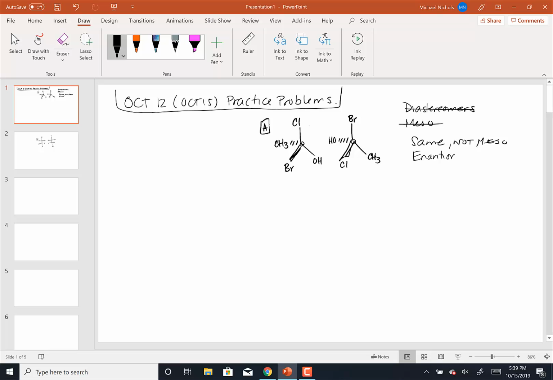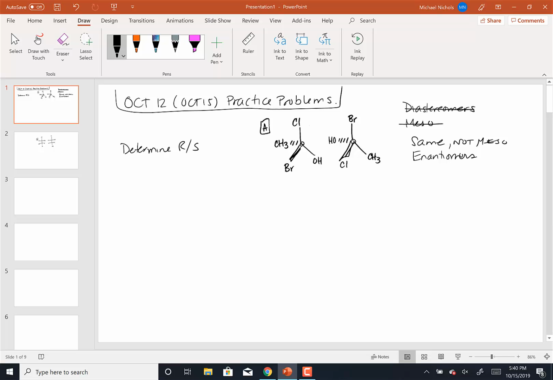So that's our two choices with this pair. We have a couple of ways to do this problem. The first way would be to determine whether each one is R or S. If they have the same configuration, they're the same, not meso. If they have opposite configurations, then they're enantiomers.